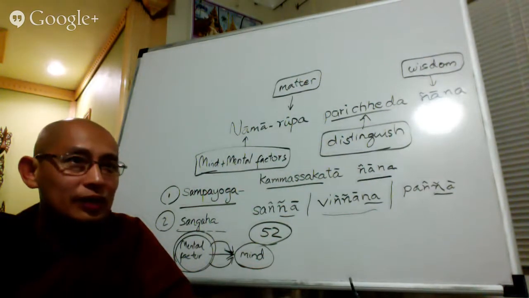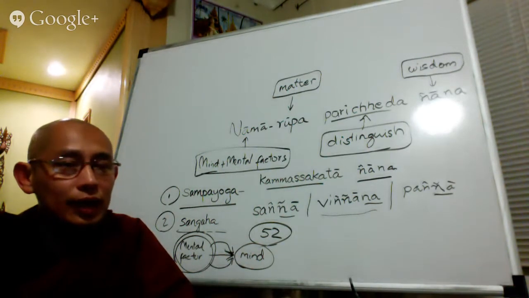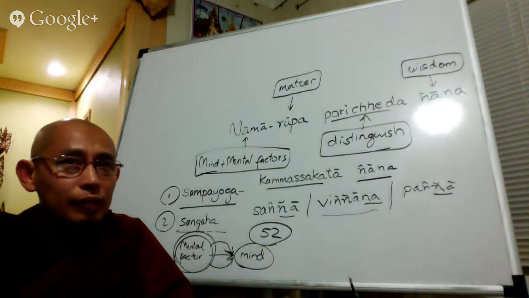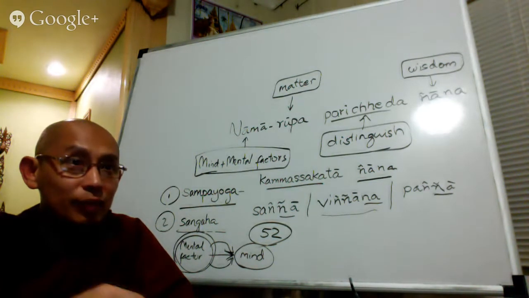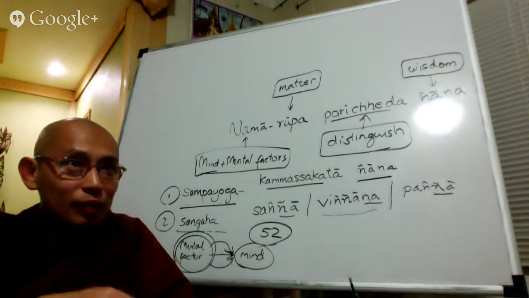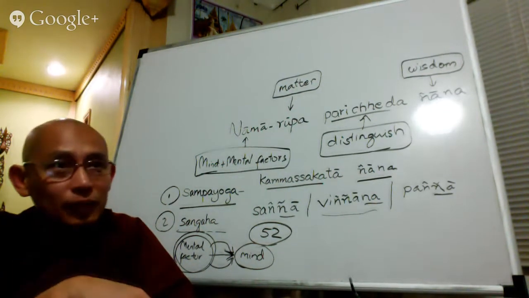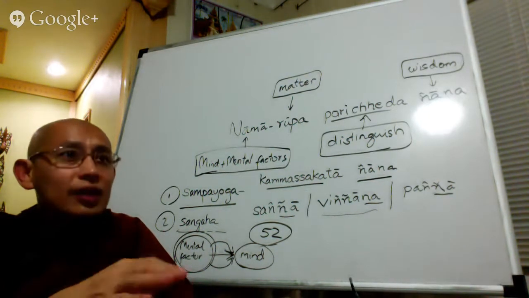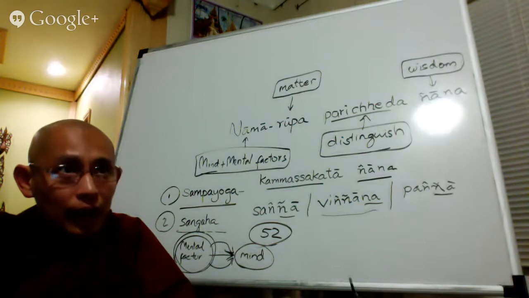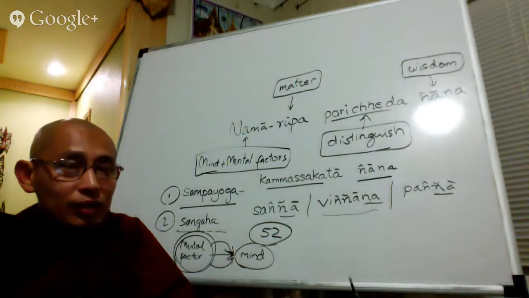Sotapatti magga, Sakadagami magga, Anagami magga, and Arahatta magga, 4 noble stages, multiplied by 3, how many? 12. And then Sotapatti phala, Sakadagami phala, Anagami phala, and Arahatta phala, multiplied by 3, first, second, third jhana level, 12.